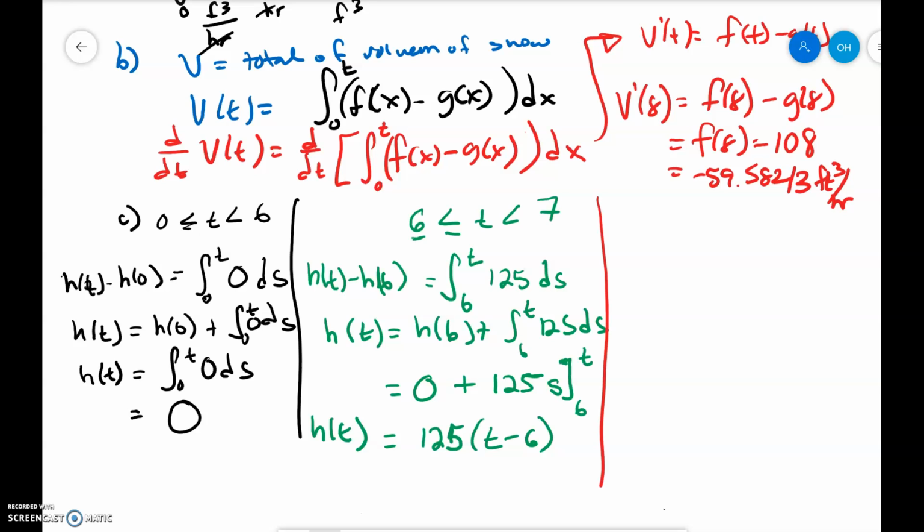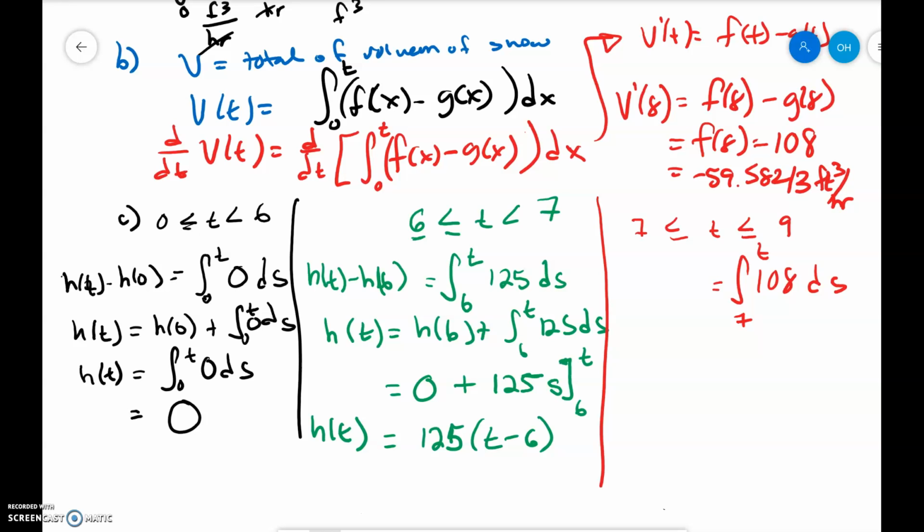Now I'm going to do the last part of the piecewise, which that part of the interval was from 7 to 9. Okay, so I would integrate the third part of the piecewise function, which is 108 ds, and I would integrate it from 7 to sometime t, which would not exceed 9.